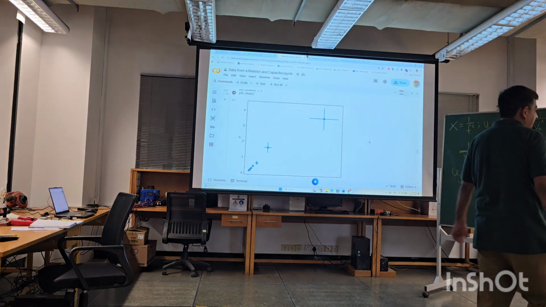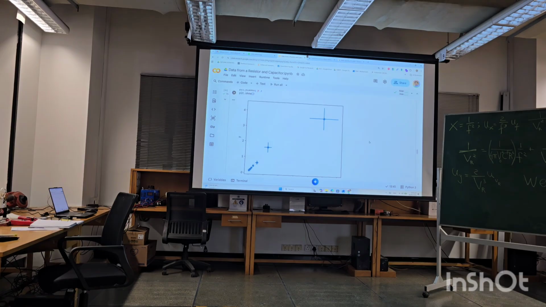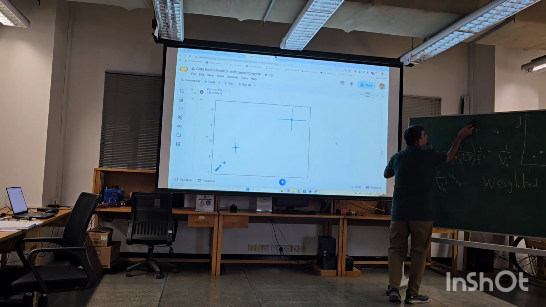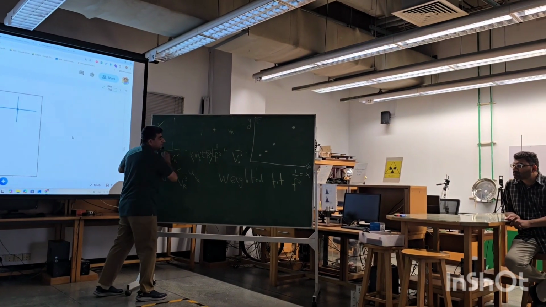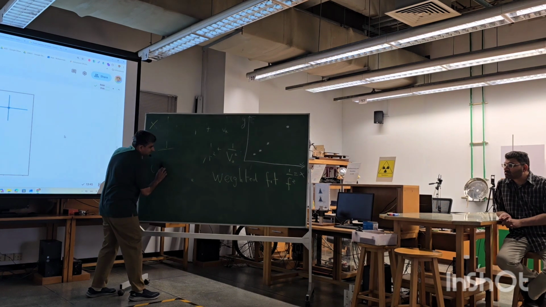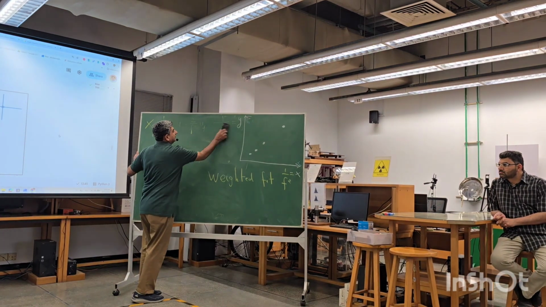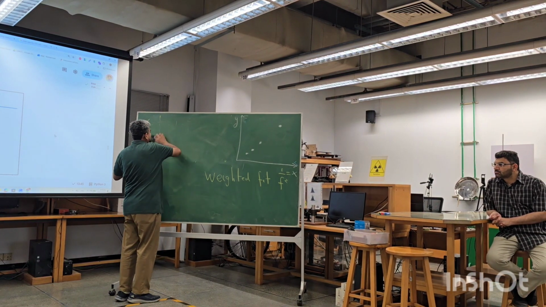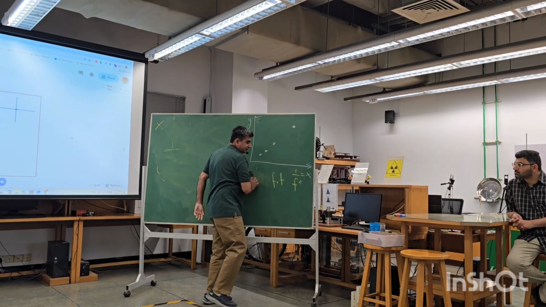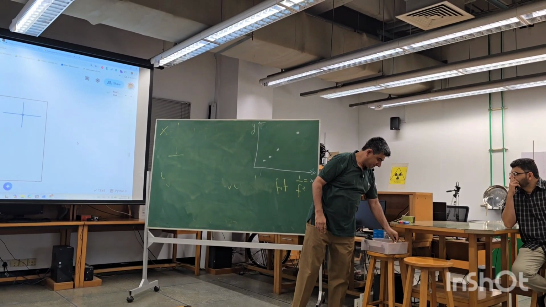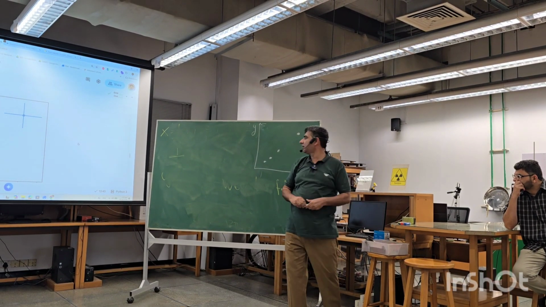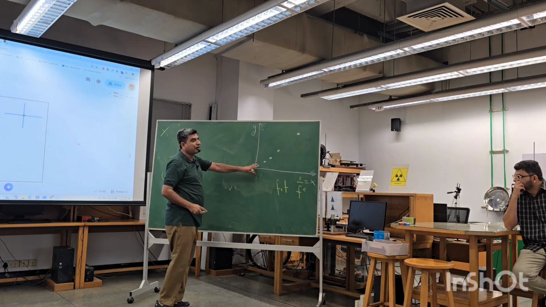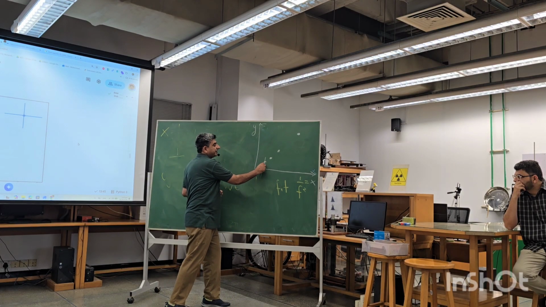So let me show this on the blackboard. Can you turn on the lights for a minute? So now what we have is some uncertainty along y and some uncertainty along x, right?